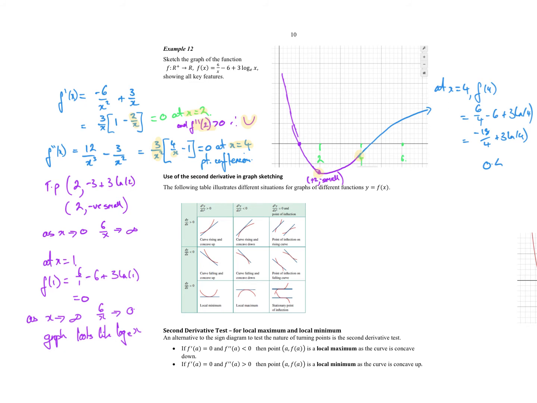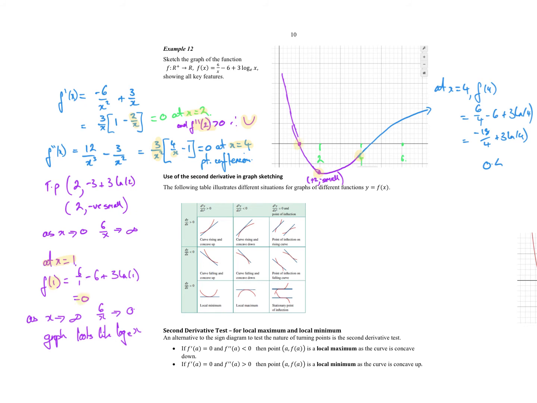Well, clearly we can see if I put x equal to 1, 6 over 1 is 6 minus 6, which is 0. The natural log of 1 is also 0. So, well, there we go. At x equal to 1, f of 1 is equal to 0.